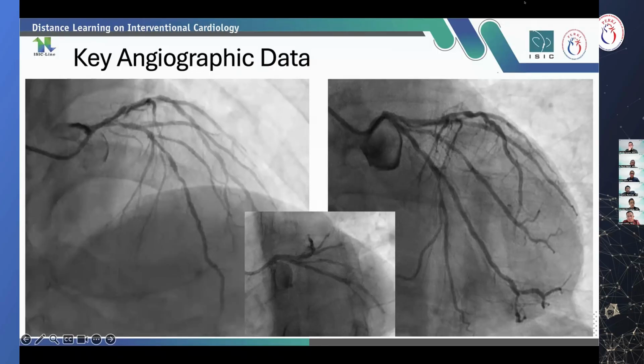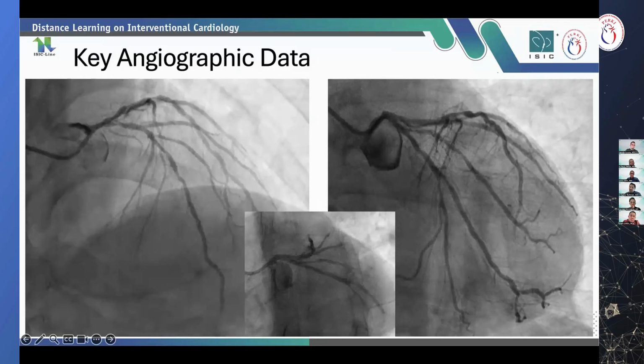But if there is some focal lesion by the angiogram data, we might not be willing to put a very long stent in this kind of lesion, Dr. Fauzi, and it might make our job easier.